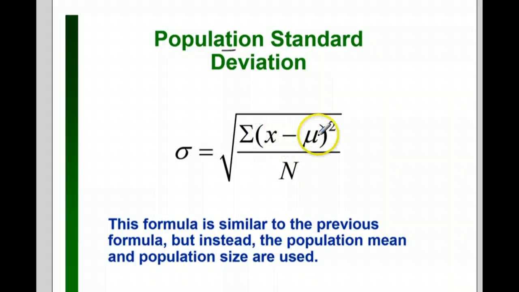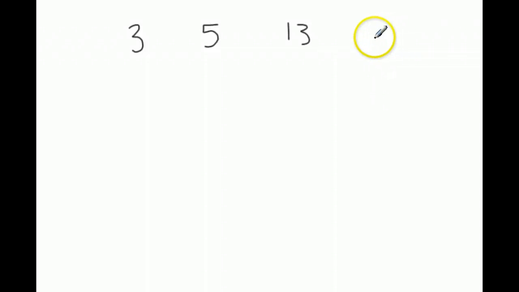Same thing: I subtract the mean. Remember, this is the population mean. I subtract the mean from the measurements, square that, and add them up, but this time I only divide by n instead of n minus 1 before I take the square root. So the only thing that's different, we know that this adds up to 21, and the mean, this time we use mu because it's a population, is 7.